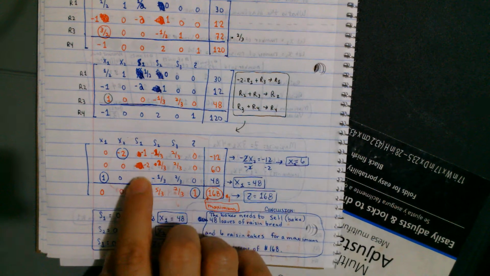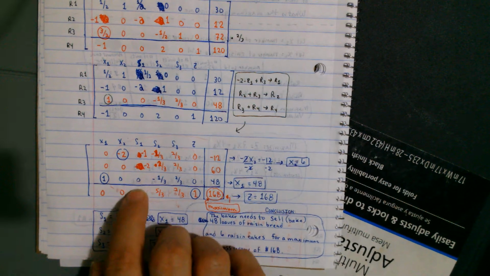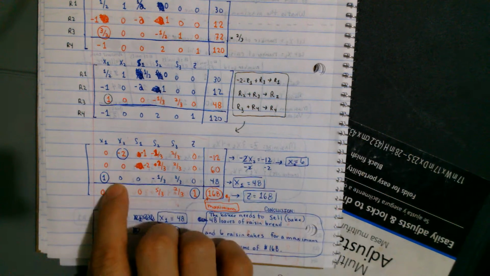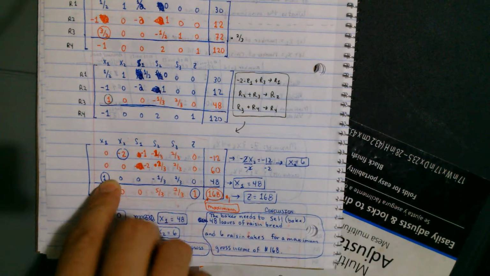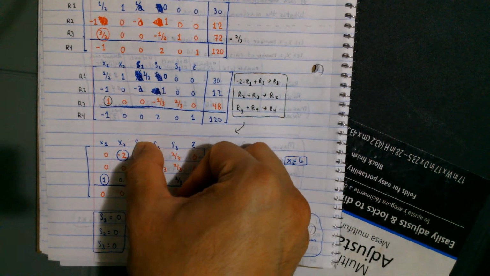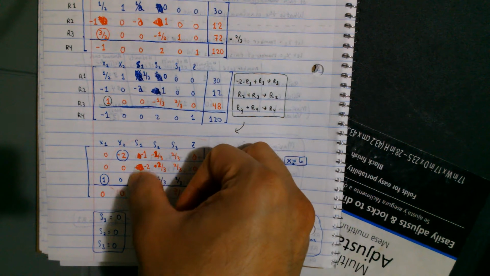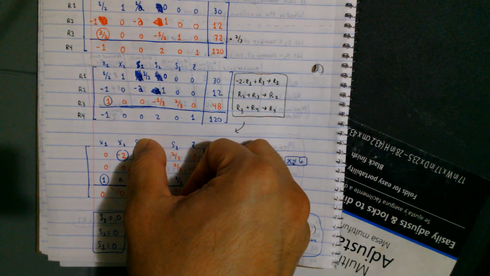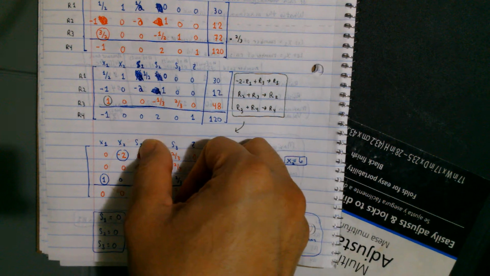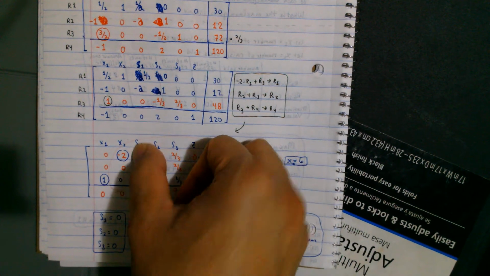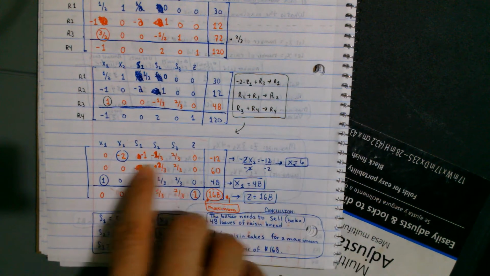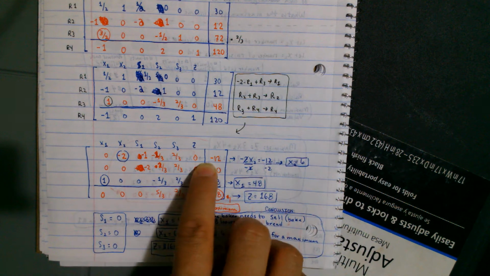Now, I talked about ones and zeros. It doesn't have to always be a one and all the zeros. Now, technically, this is not pivoted, but because they're all zeros and one of them is not zero, this will play the role of pivoted, even though it's not, because I can easily take all of this and divide by -2. That's not a problem.